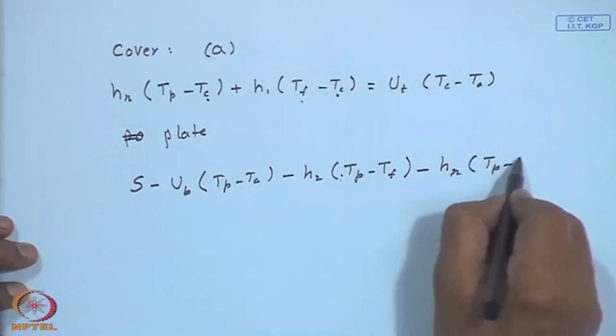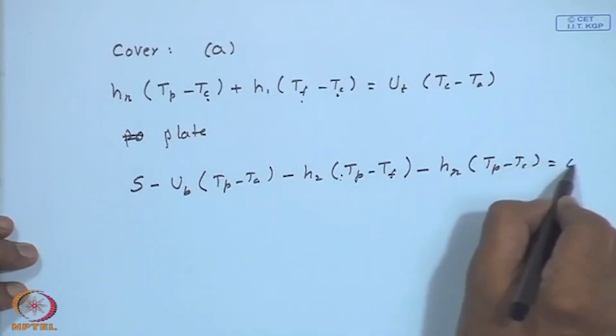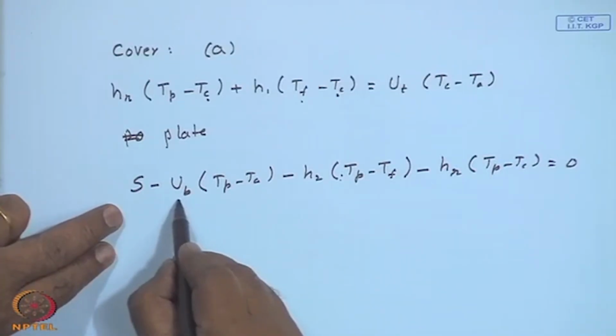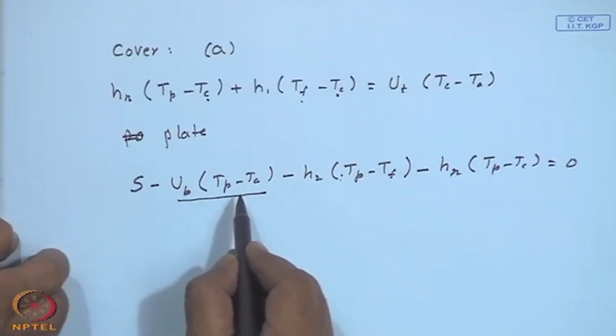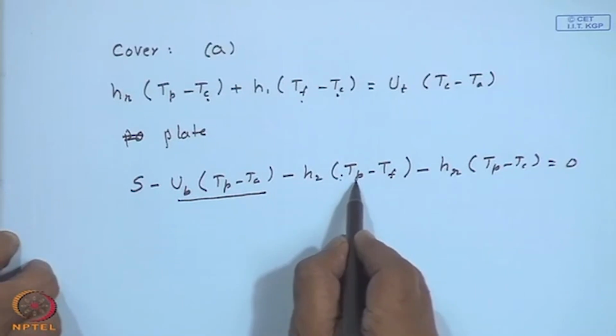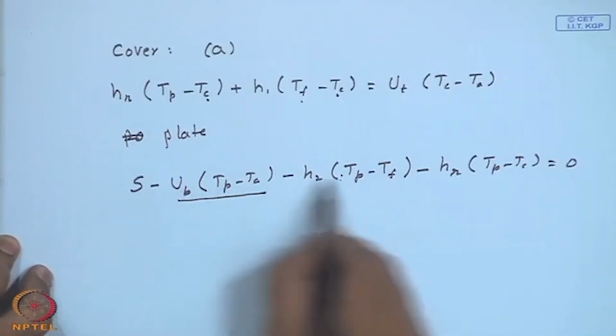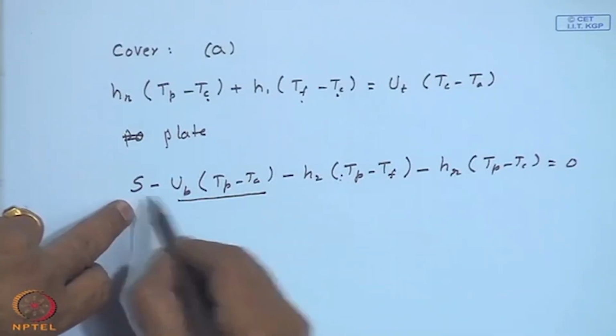So, this is the absorbed energy, out of which bottom loss is going this much, and this is from the plate Tp to the fluid is received. So, this is gone out of the incoming, this is actually the useful energy gain minus the radiative loss from Tp to Tc.